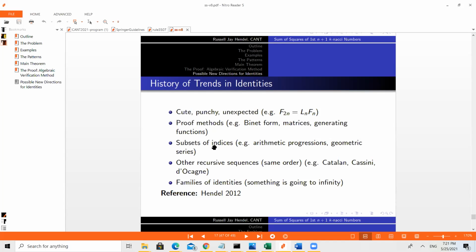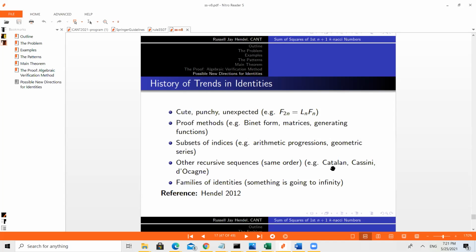There was a third stage in which people got bored proving things for all n's. So they might prove things where the indices form an arithmetic progression or geometric progression, or maybe there are squares or things, and you can find lots of papers like that. A fourth stage, and I said these are not sequential. After a while you get bored with Fibonacci Lucas numbers, so you try things like the Catalan identity.